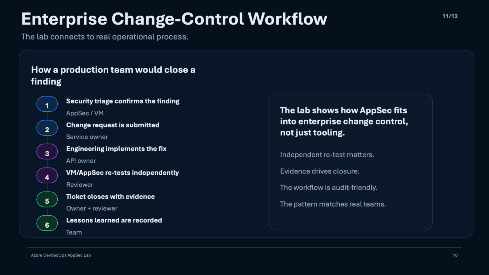Once the change is approved, the assigned engineer or API owner implements the fix. After that, the vulnerability management or AppSec team performs an independent retest. That validation step is what confirms whether the fix is actually working. And once the fix is validated, the ticket can then be closed with all of your linked evidence.